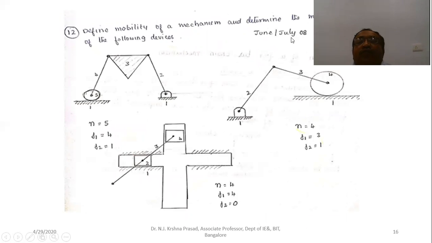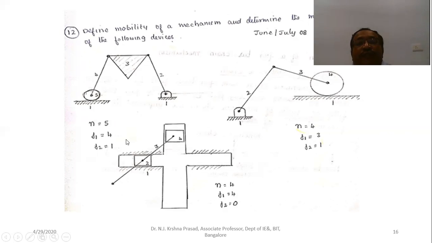And in June, July 2008, they gave 3 mechanisms, 3 combinations of links. For these, it is required to find the mobility of the following devices. So you count the total number of links, including the frame, the total number of pairs having 1 degree of freedom, and the total number of pairs having 2 degrees of freedom.